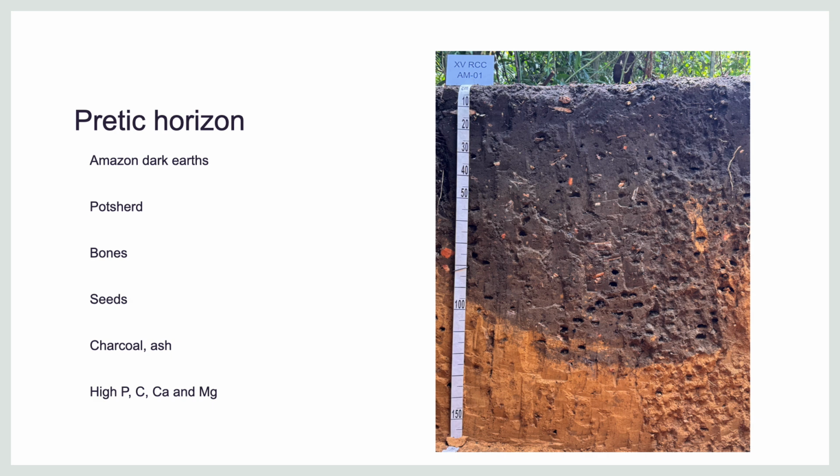We also have another horizon that's formed by humans, and this specific horizon is quite special in Brazil because the pretic horizon was created because of a specific Brazilian soil that, of course, occurs in other areas, especially in South America, but it was discovered and first described in Brazil, and it is called Amazon Dark Earth.